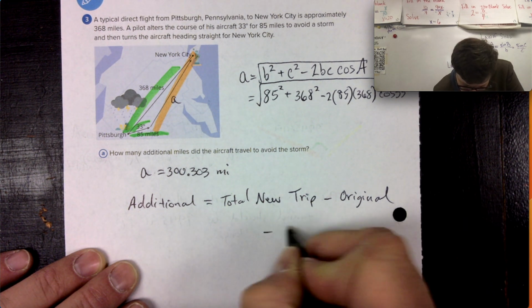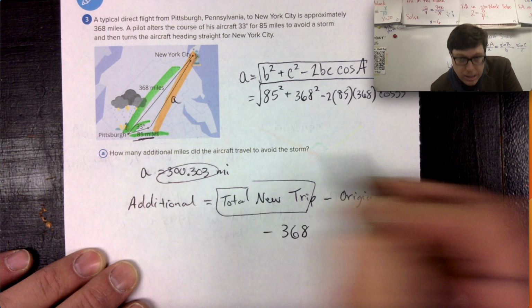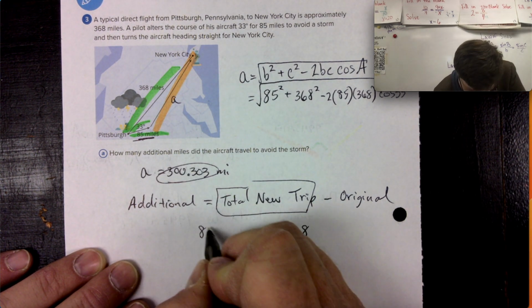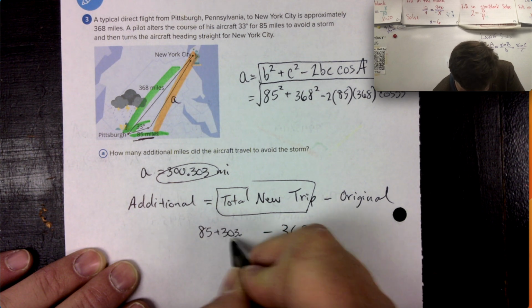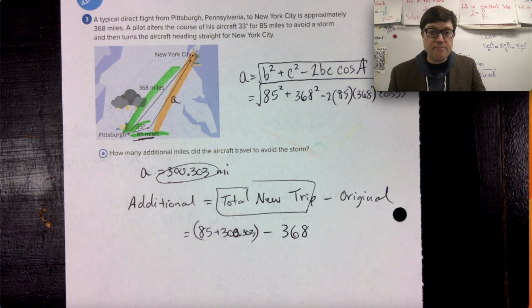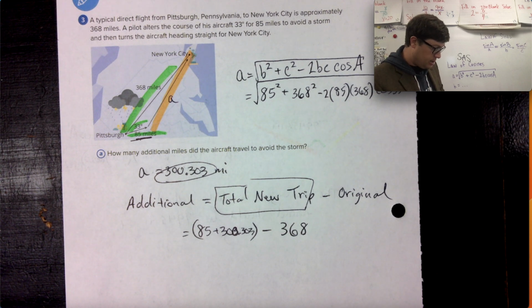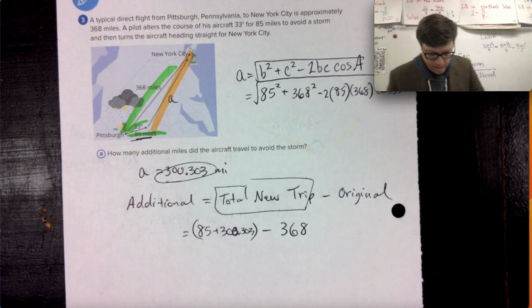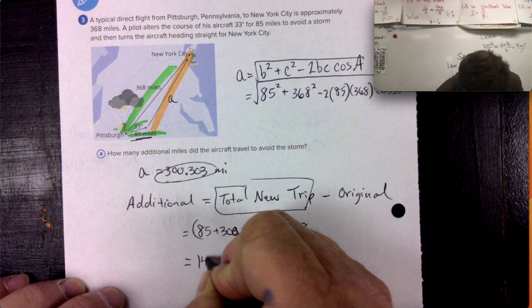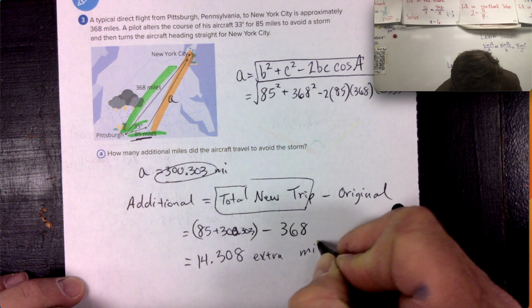So the original is 368, but the total new trip is 85 plus 300.303. So 85 plus the answer minus 368. I get a value of 14.308 extra miles.